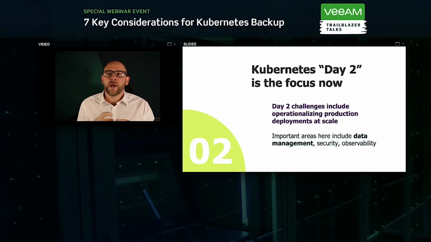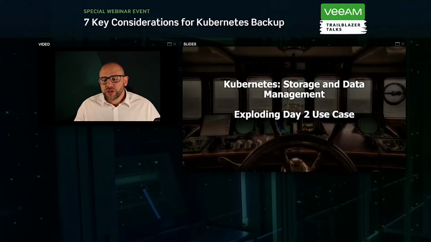This is where it's about educating the world or the community about, in our case, data management, but also knowing that it's very tightly coupled with security and observability as well. So I've talked about that exploding day 2 use case, both storage and data management. There's been heaps of innovation around storage within Kubernetes, but also around data management.